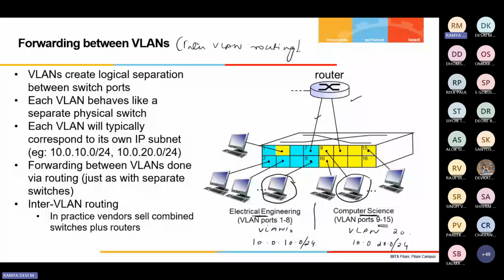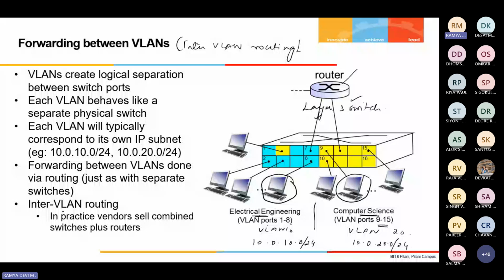Routing between the VLANs can be done with the help of either a layer 3 switch or a router. So these devices can route the packets between the VLAN subnets. So an integrated switch or router devices we can use for inter-VLAN routing.